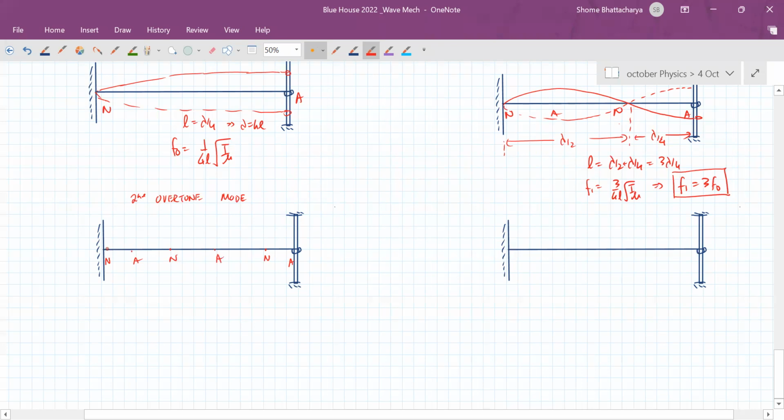So this will have to accommodate 2.5 loops, like this. So it's lambda by 2 plus lambda by 2 plus lambda by 4.